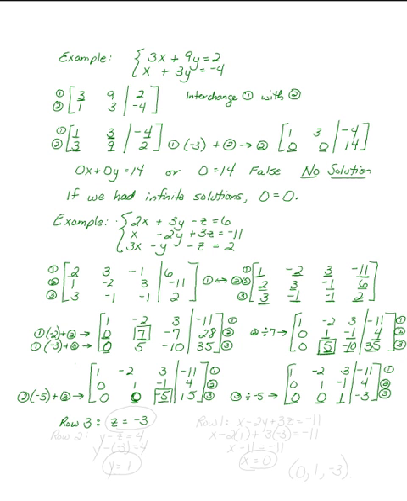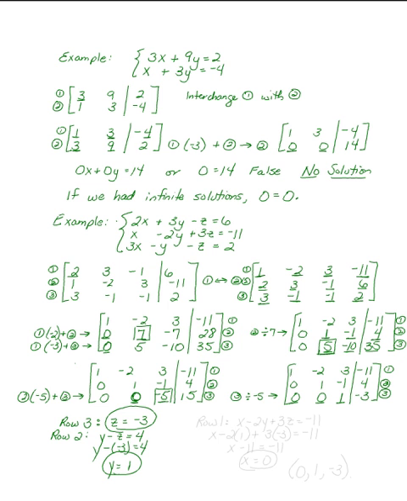So we have one of our variables. If we look back at row 2, it gives us that y minus z is equal to 4. But we know z is -3, so we get y minus -3 is equal to 4, or y is equal to 1.